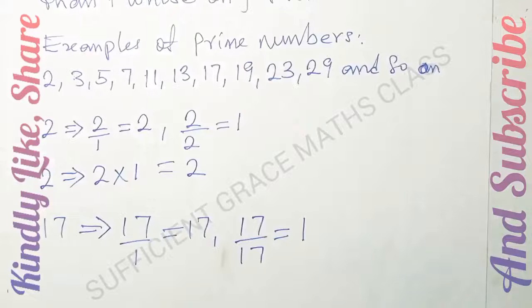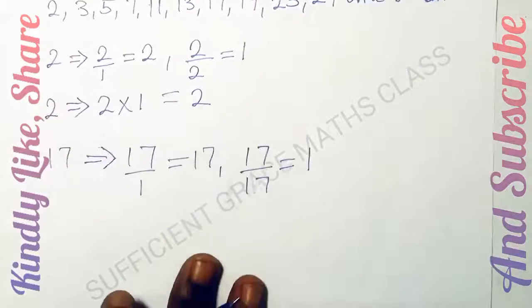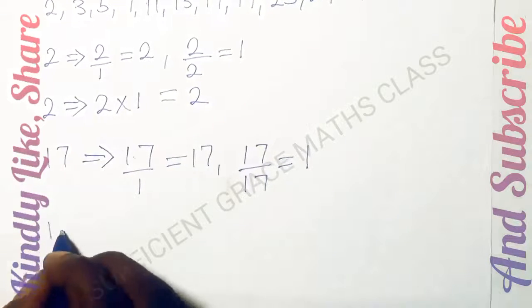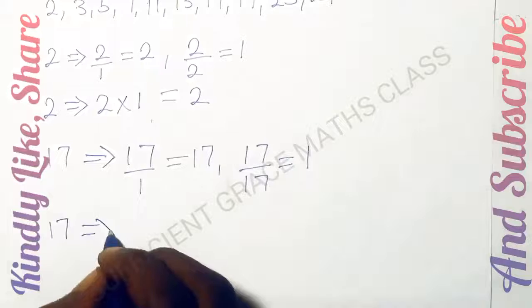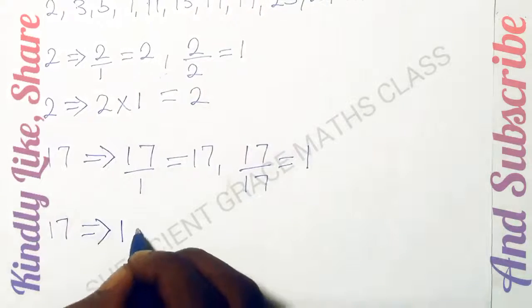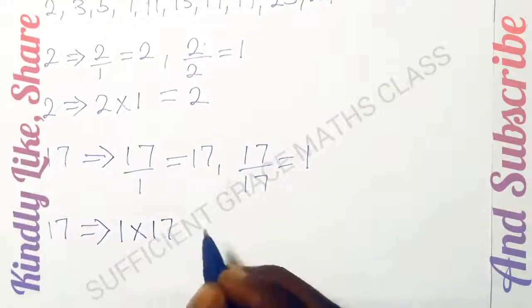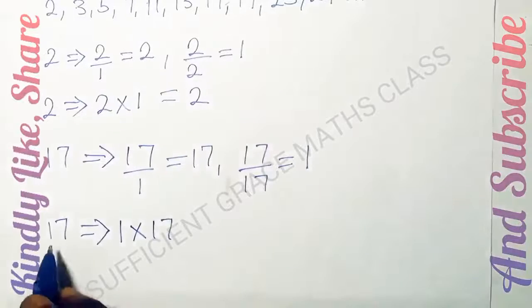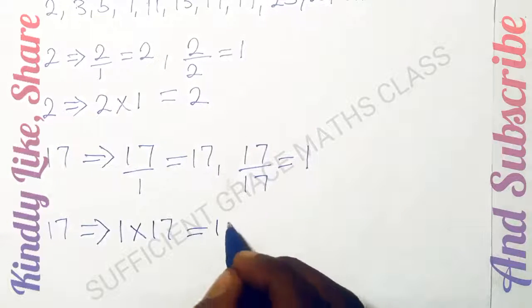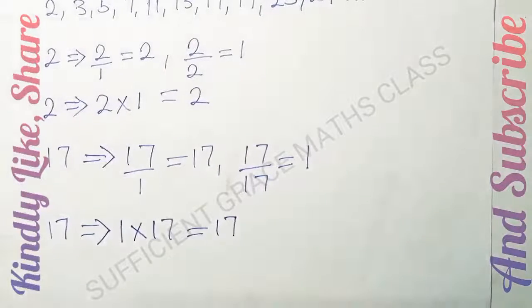And 1 and itself can only be multiplied together to give us the original number, which is 17. 1 times 17 is equal to 17.